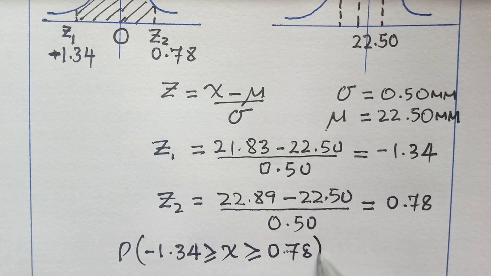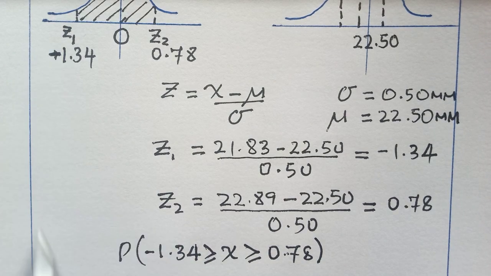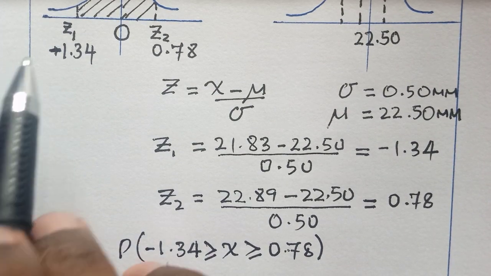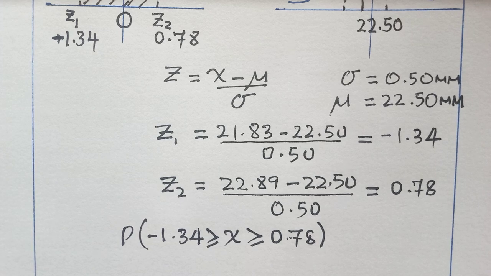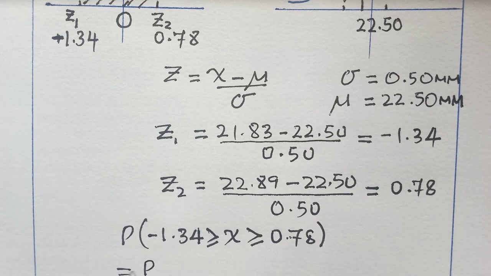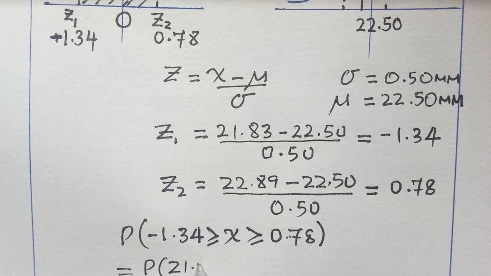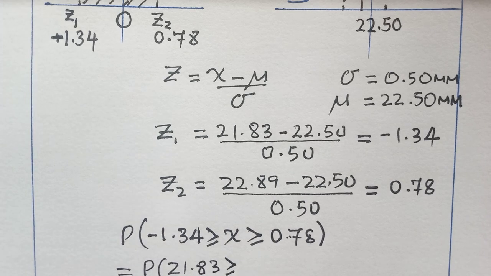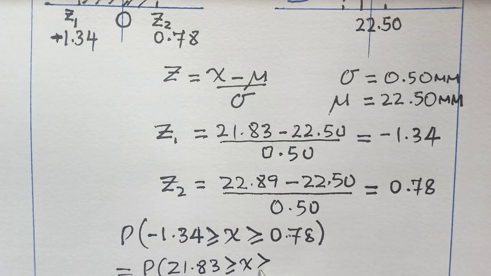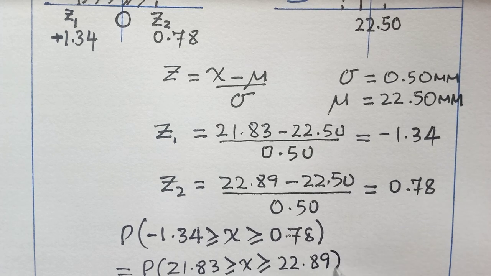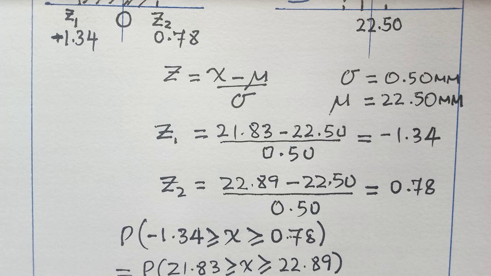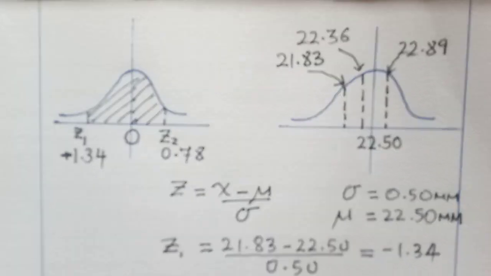Note I have put it in negative form, but you don't have to put it in negative form when you are looking for the probability there. This is also equal to the probability between 21.83 and 22.89. And as we have said, this is what we are looking for.